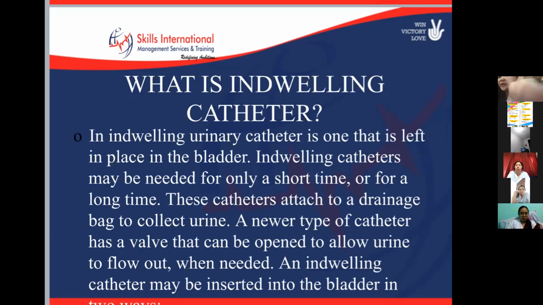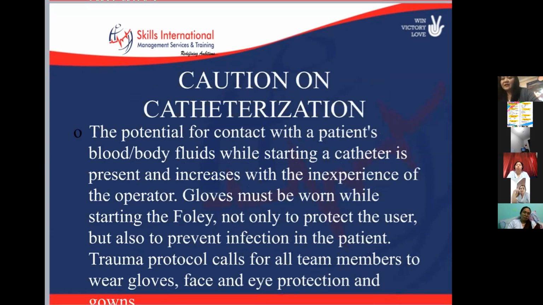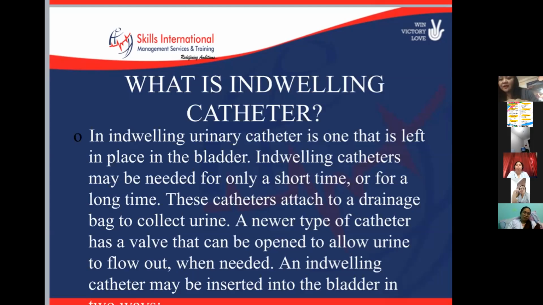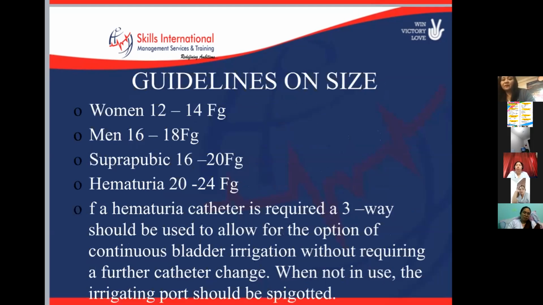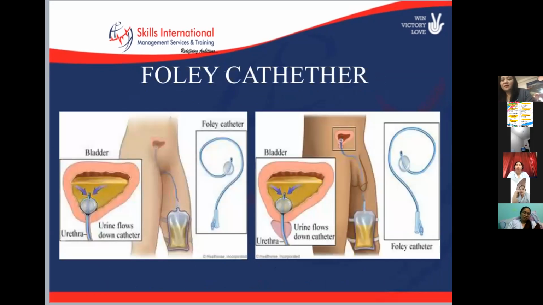The newer type of catheter has a valve that can open to allow the urine to flow when it is needed. This is how the indwelling catheter looks like.